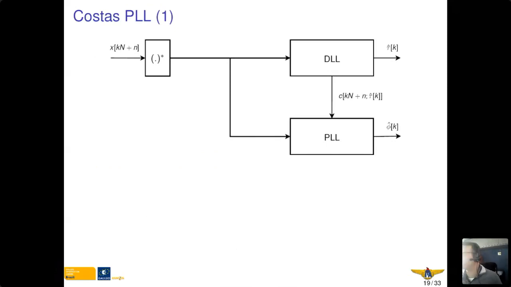We are doing this in a way that the incoming signal enters the PLL, and we also have a generated replica coming from the DLL already with the time delay estimate at time instant k. We can then see in this block diagram that the DLL produces the time delay estimates and the PLL produces the phase estimates.